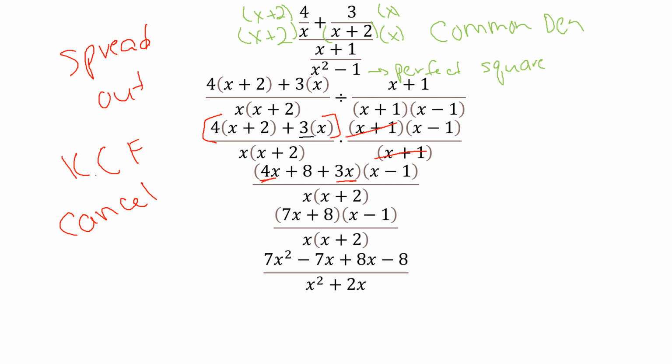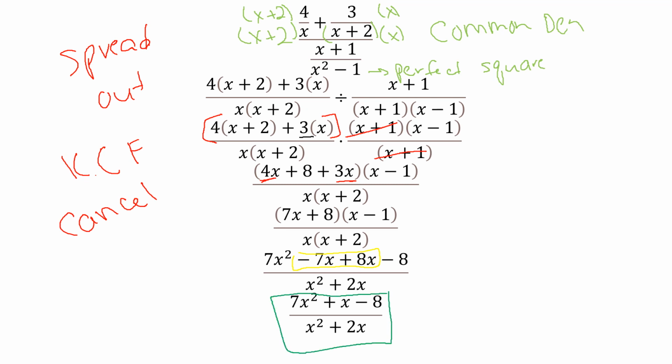Not quite done because I have another like term right here that I can add, and actually I need to keep that negative with it. So negative 7x plus 8x is going to give me 7x squared plus x minus 8 over the rest of that. And that whole thing is your answer.